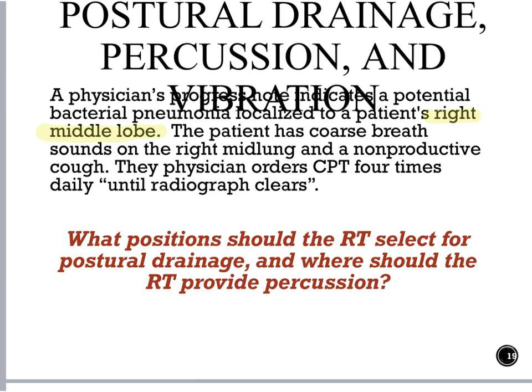You want gravity to pull the mucus down and out. Then percussion should be done on the right anterior chest wall between the 4th and 6th ribs. A side note, if you see 4 times daily, you might also see it as QID, which means 4 times a day.